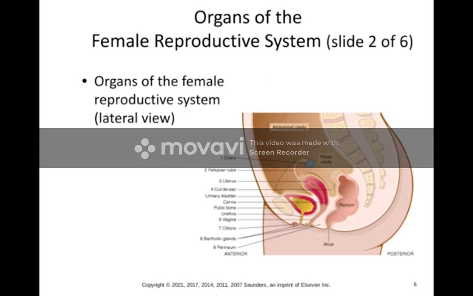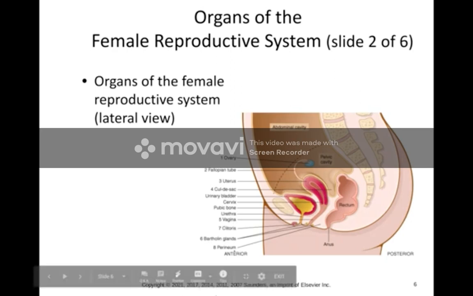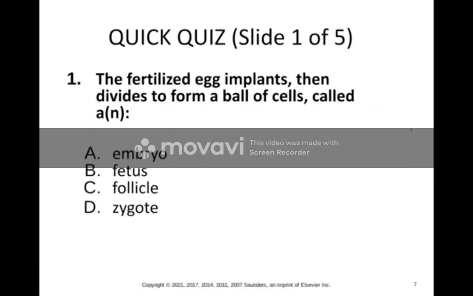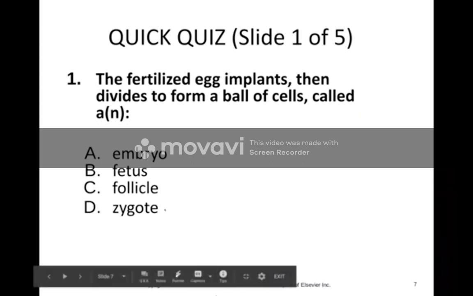Okay, so that was all kind of in order from top to bottom. Looking at a lateral view. Okay, who remembers when the fertilized egg implants and then divides to form a ball of cells? What is that called? That is the zygote, right? D.